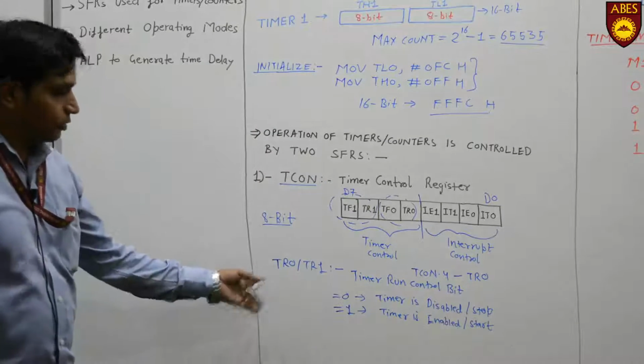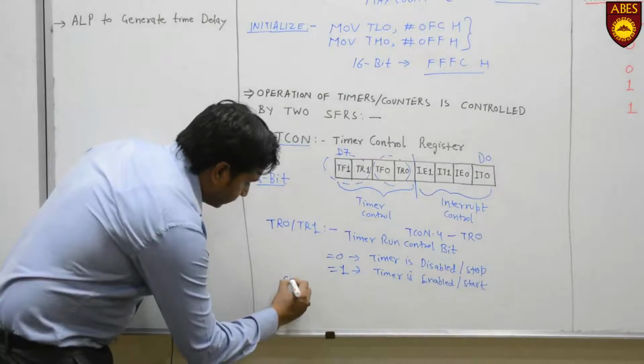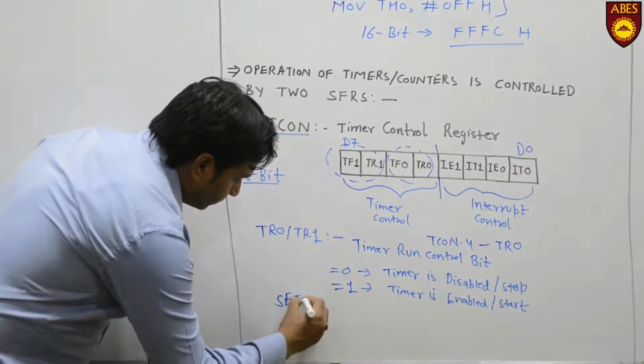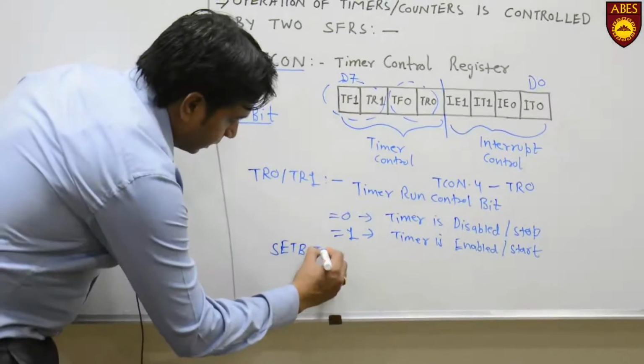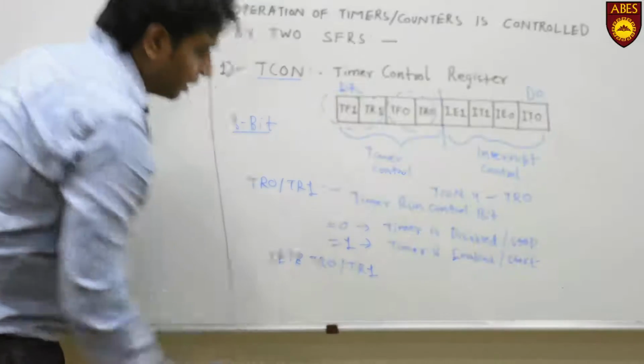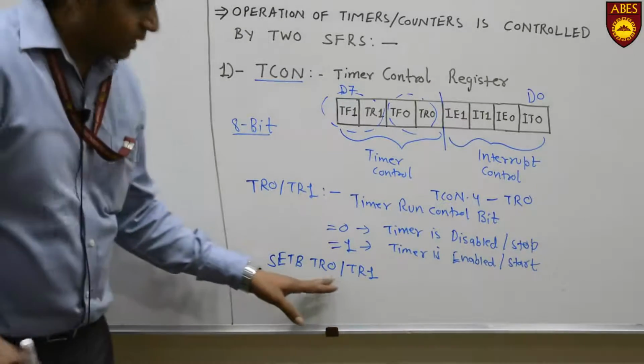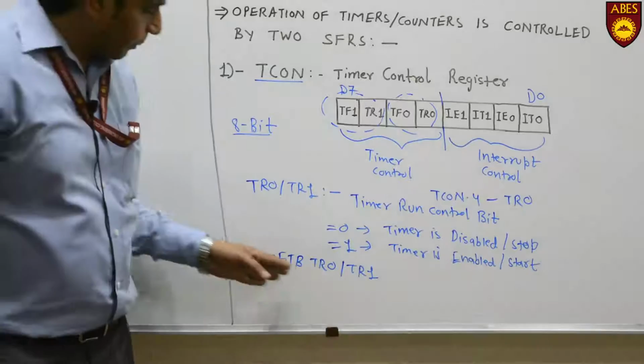And we can start or stop the timer function with the help of the usual instructions, like if I write SETB TR0 or TR1, whether we are using timer 0 or timer 1. So SETB TR0 will start the timer because it makes the TR bit value equal to 1.